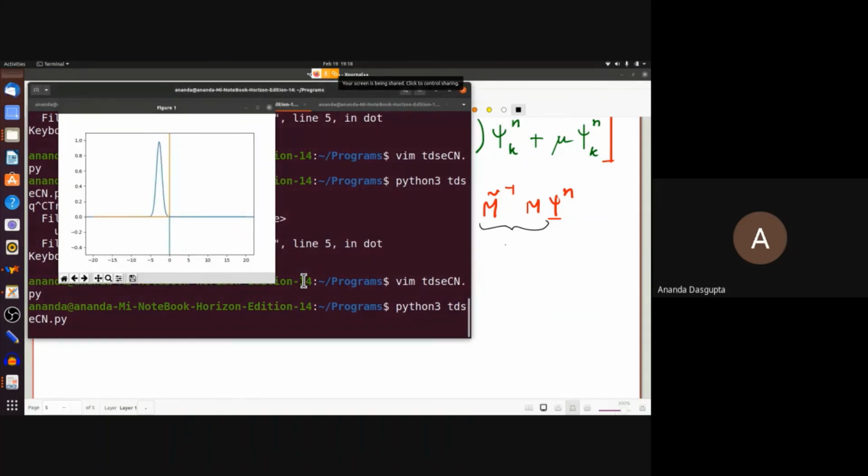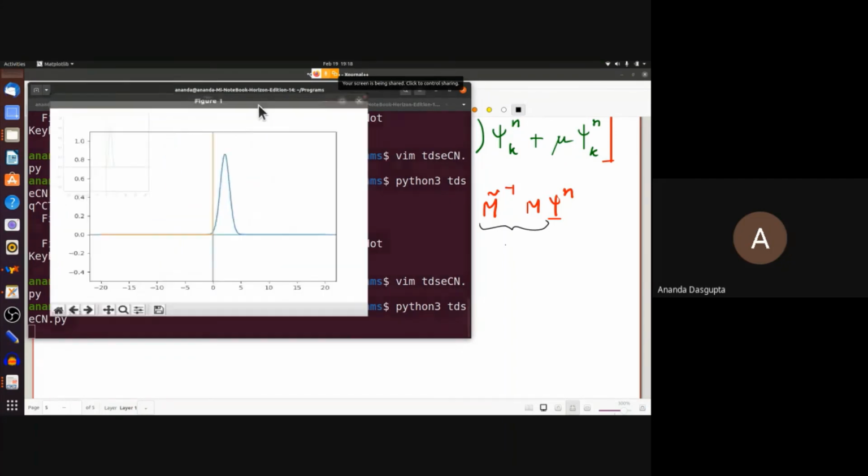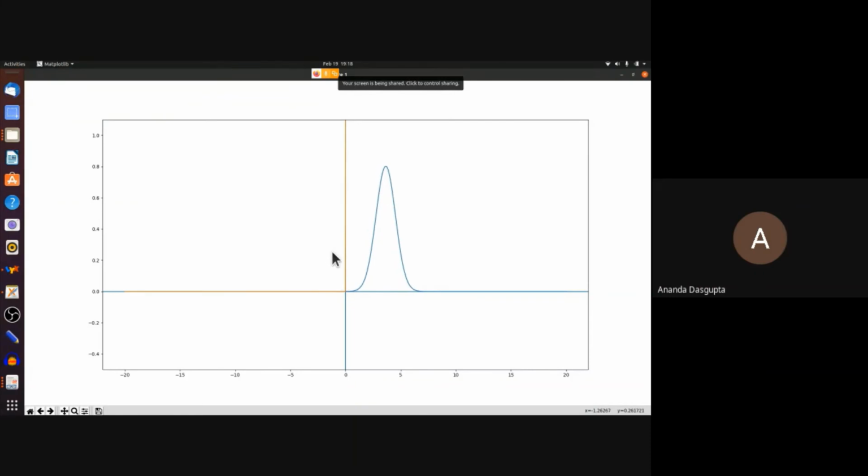So it's moving to the right now. Now it encounters the step. Something happens to it, but not much. It keeps on going. And of course, it's a free particle on the left of the step and a free particle on the right of the step, so it's spreading like a free particle should.